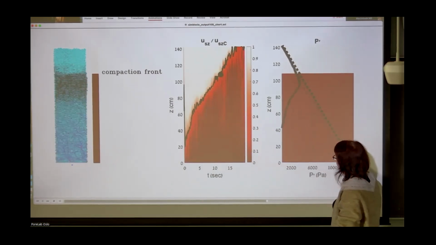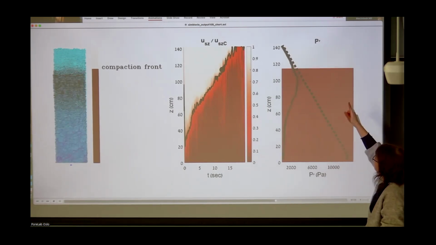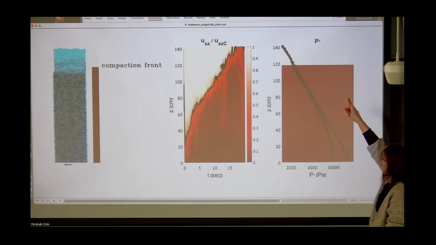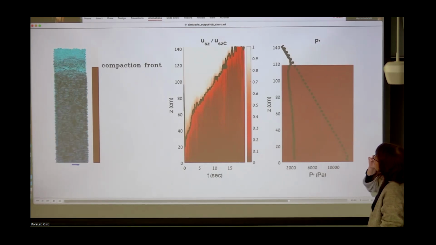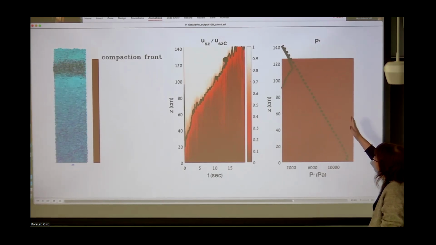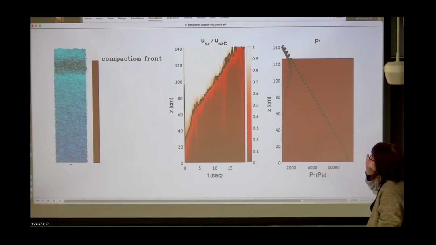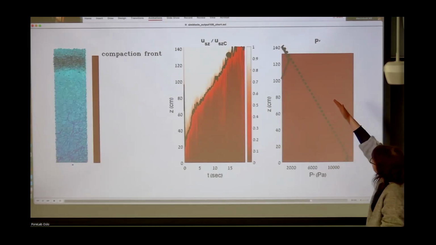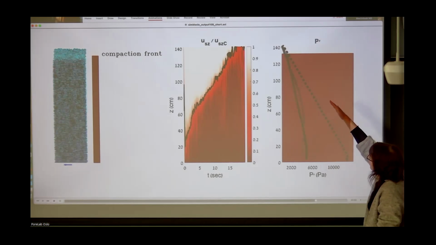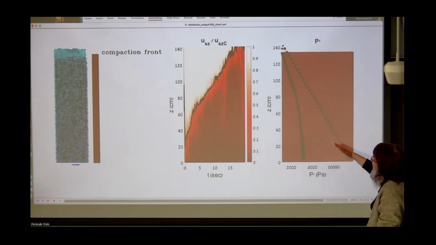And if you look at the pressure of the fluid in this situation, and this is the excess pressure above the hydrostatic, you'll see that in the compacted region there's a hydrostatic pressure gradient. And above this compacted region, there's a liquefied region. And this dotted line is a lithostatic pressure gradient.